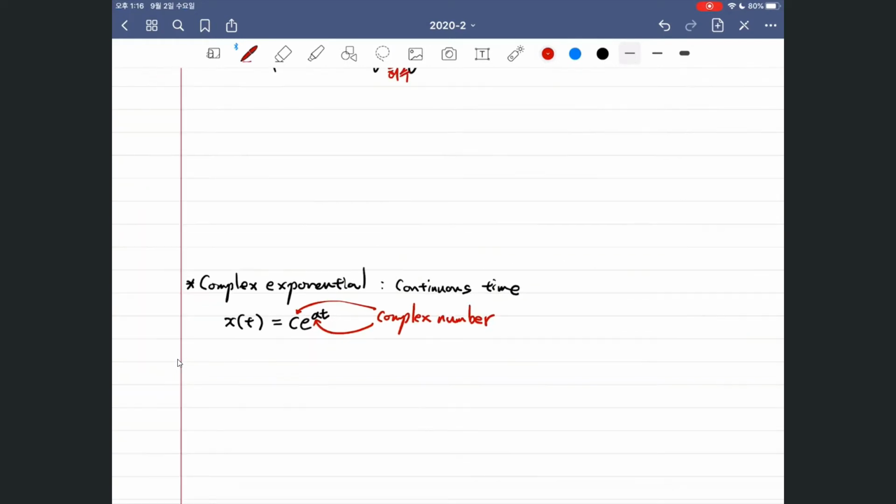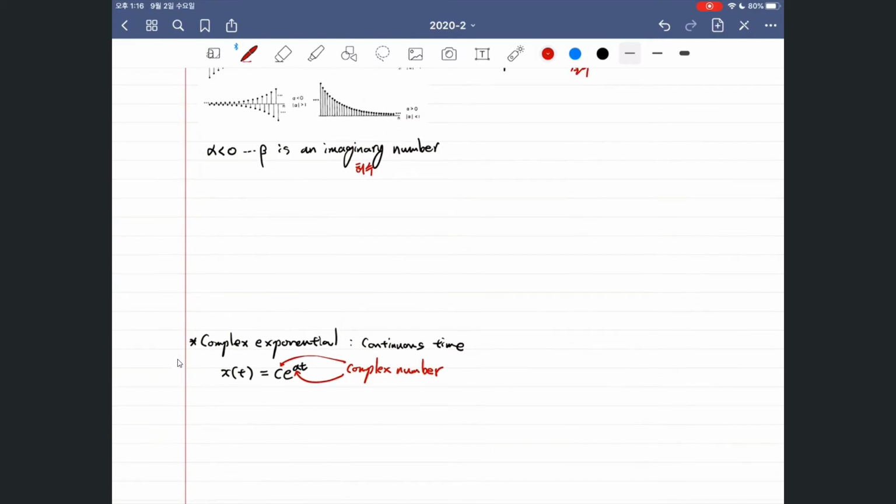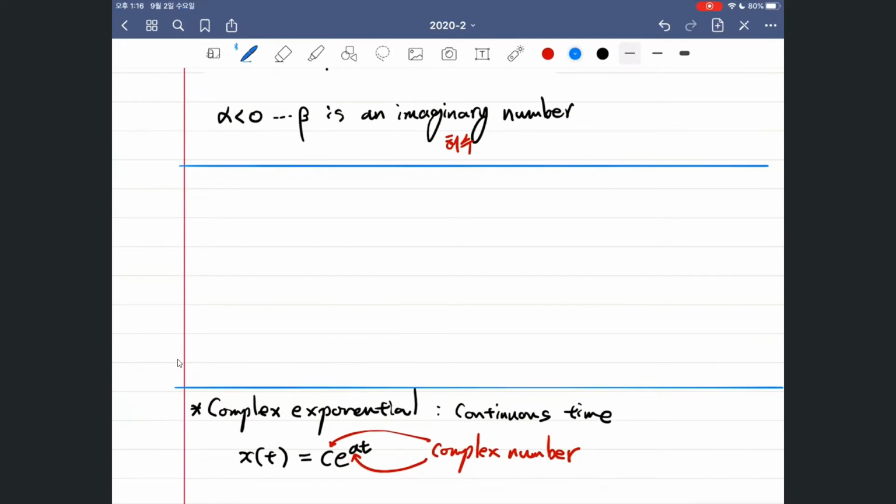Before we move further, I would like to talk about how to express the complex number. So let us have a line here. Say we have the value a with the real part as 2 plus the imaginary part as 3.